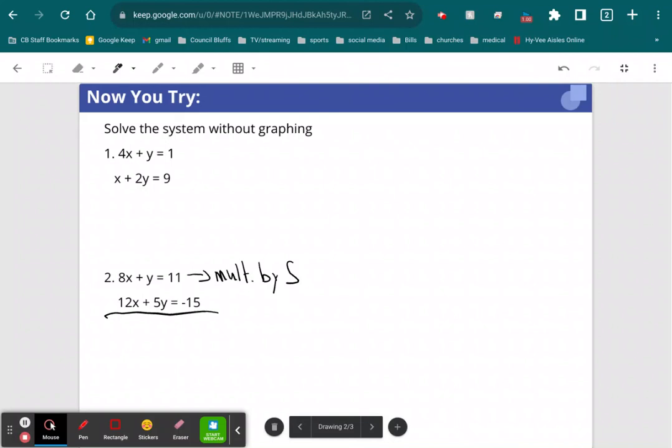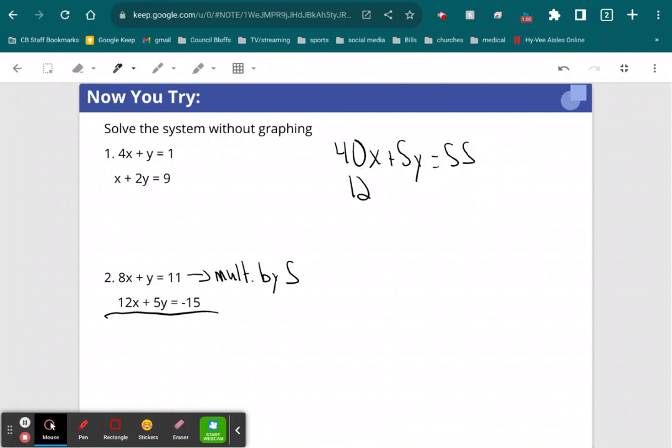If I multiply the top equation by 5, what happens? I end up with 8x times 5, so that's going to be 40x. 8 times 5 is 40. 1y times 5 is going to be 5y, and 11 times 5 is going to be 55. So that becomes 40x plus 5y equals 55.